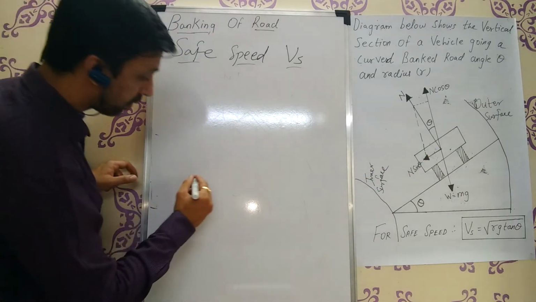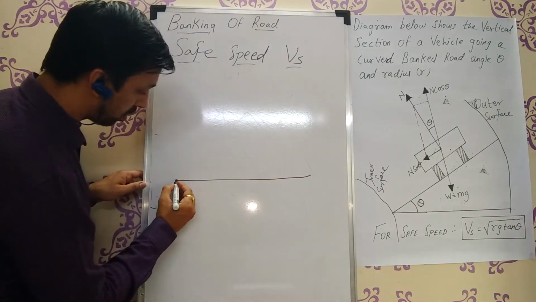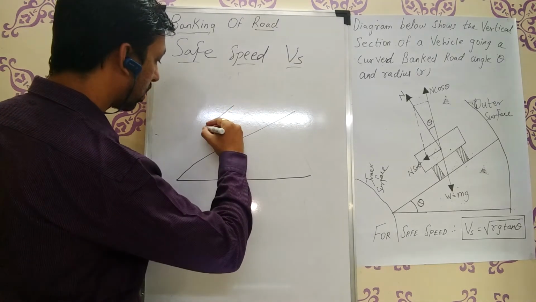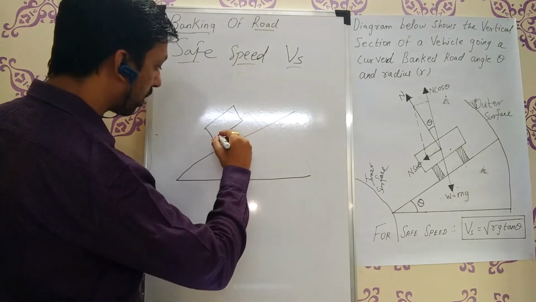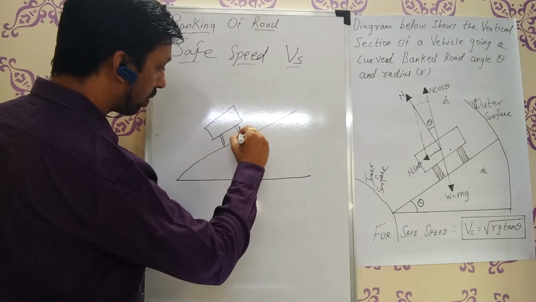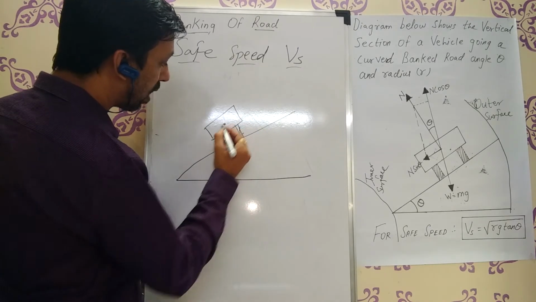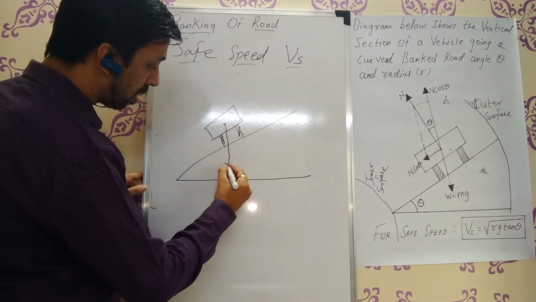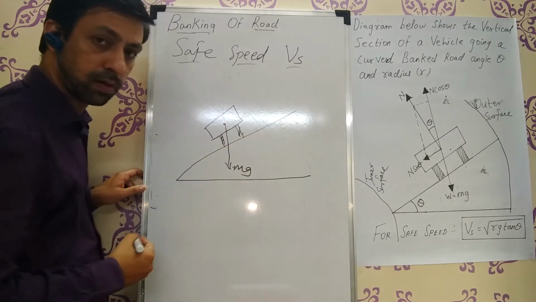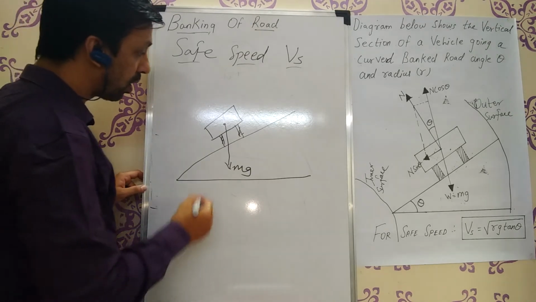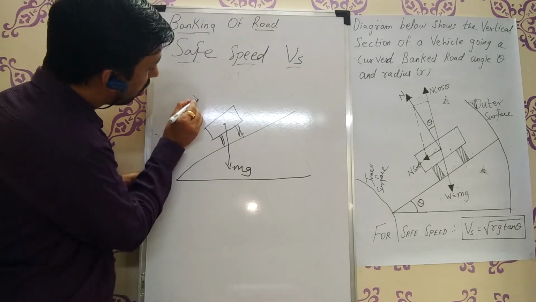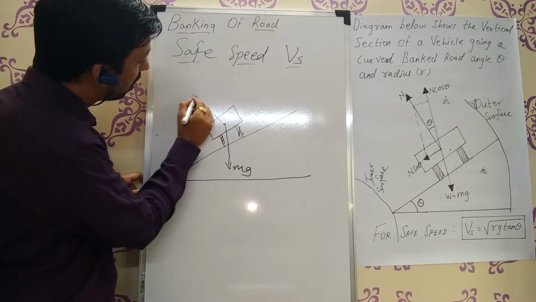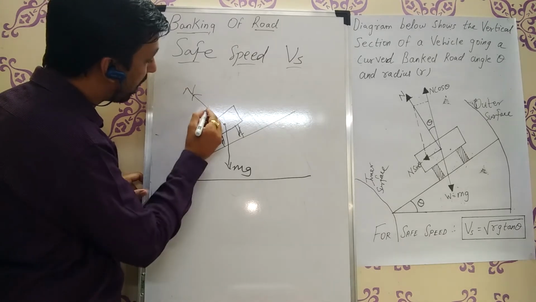Logically, it looks like this. Suppose this is a banked road and the car is there in this manner. After locating the center, the weight of the object is acting exactly downward, and the normal is acting perpendicular to the surface.